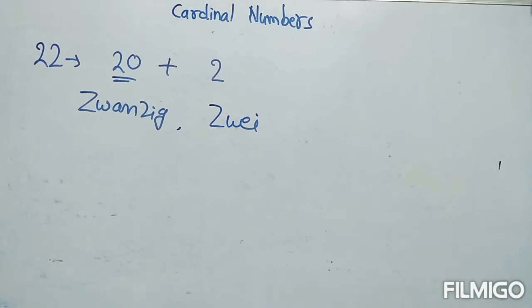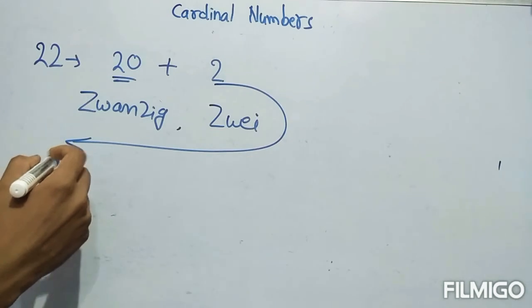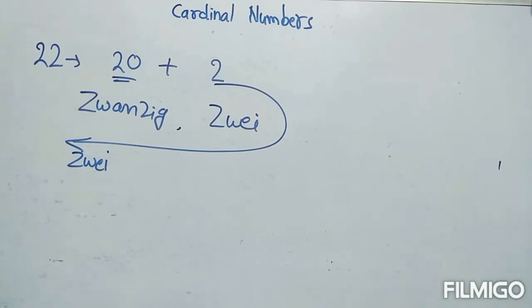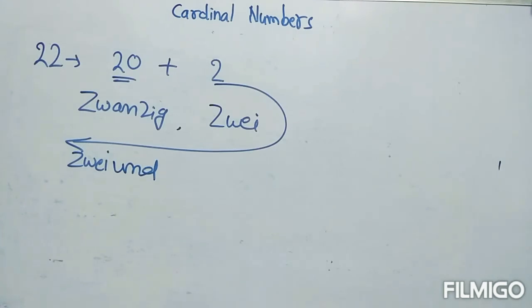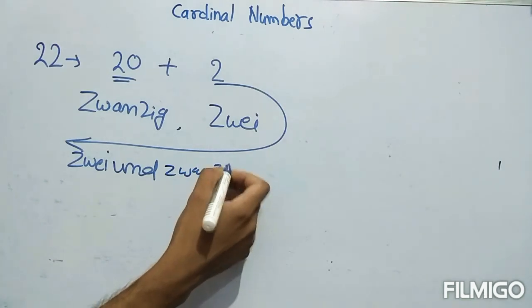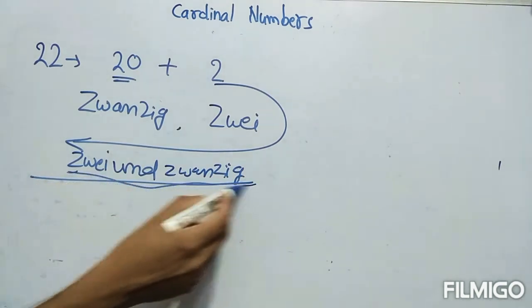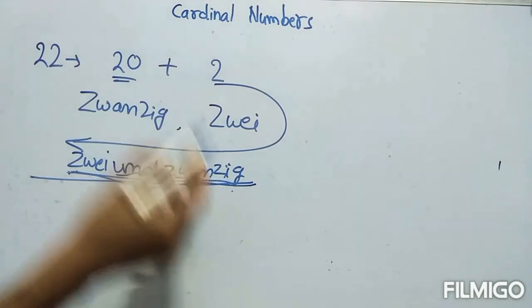So in German we have to write first 2, zwei, and is und, and 20 is zwanzig. So the pronunciation of 22 is zwei und zwanzig.